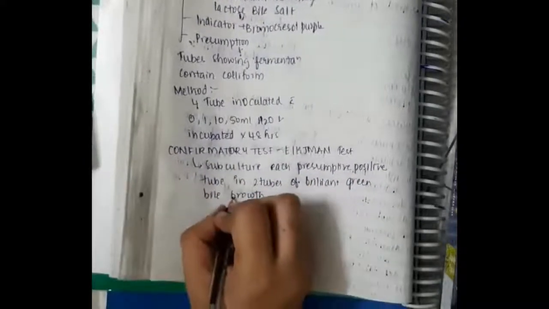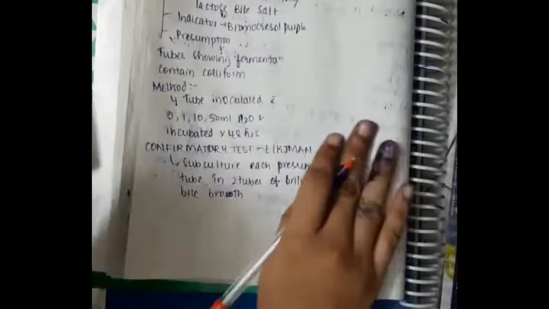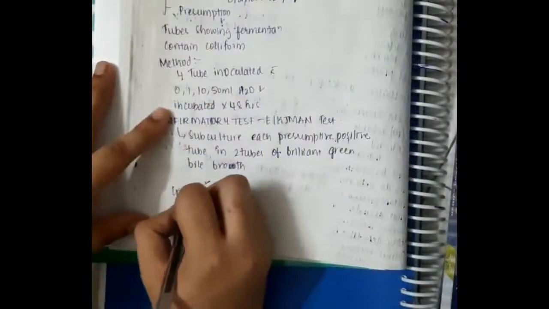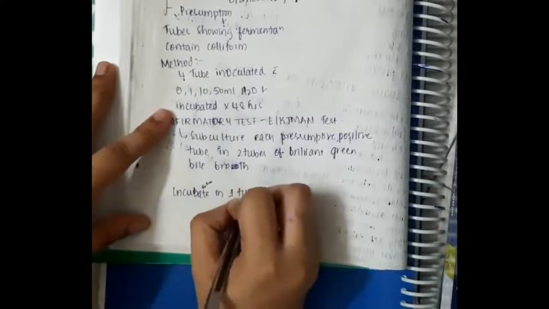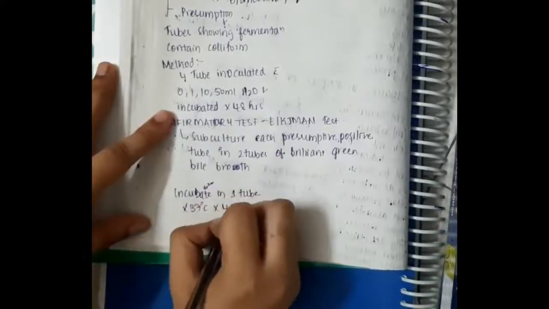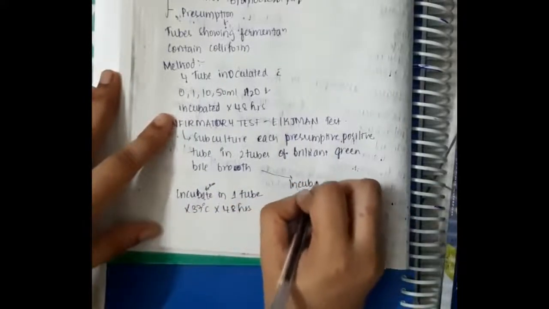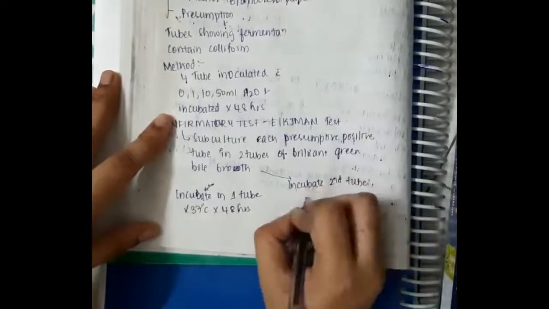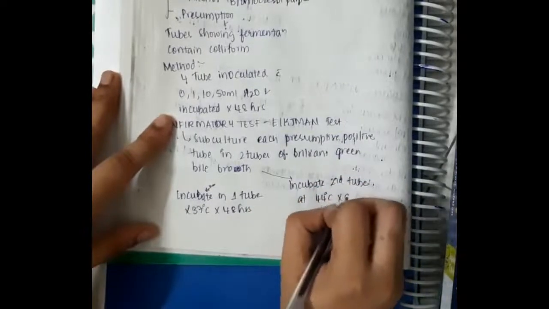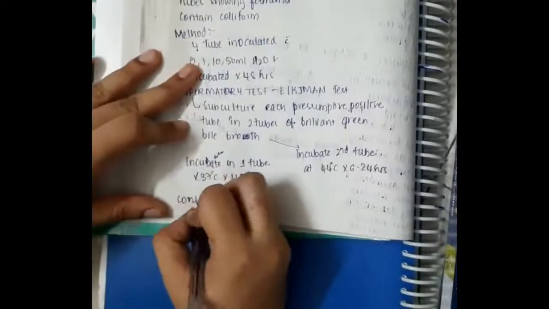The first tube we incubate at 37 degrees Celsius for 48 hours, whereas the second tube we incubate at 44 degrees Celsius for 6 to 24 hours.